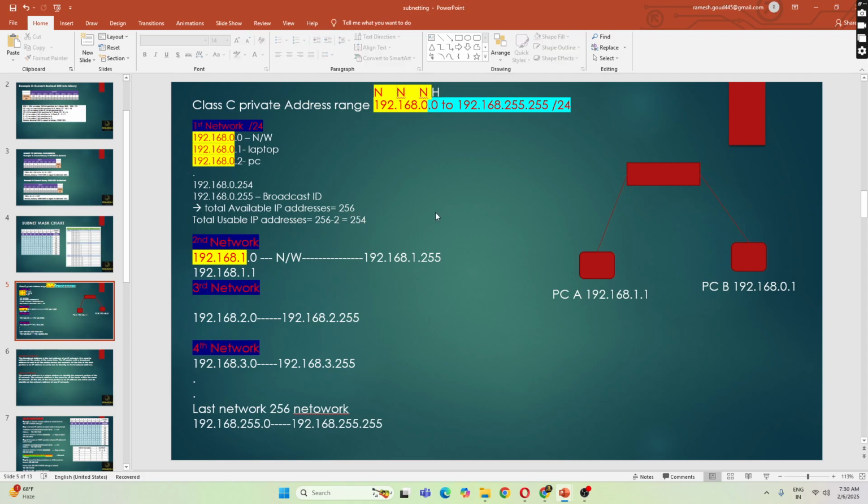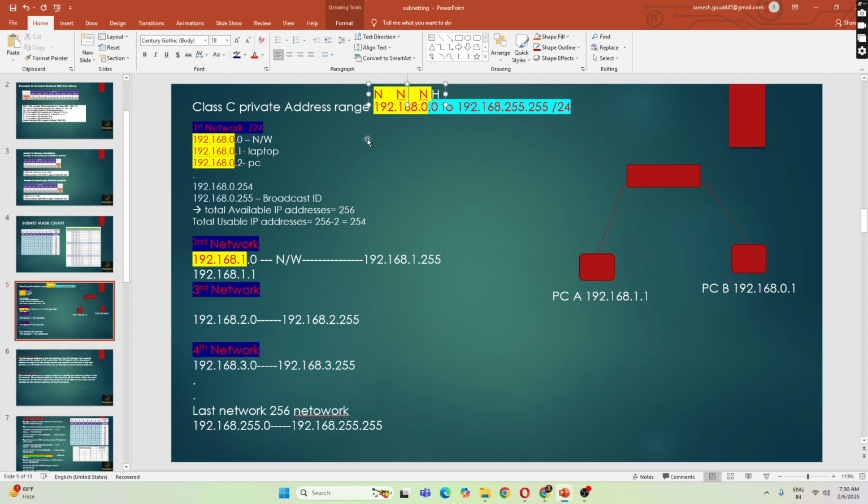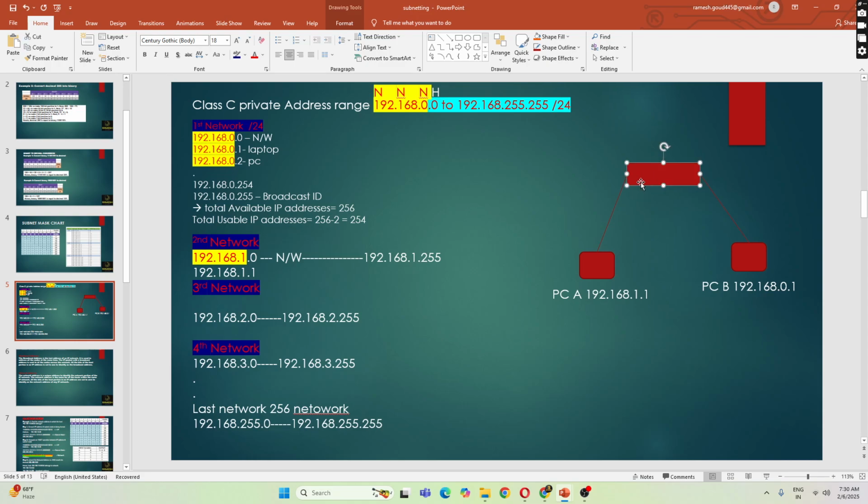Everyone understood? These are the usable IP addresses we need to assign to the computers, laptops, whatever it is. The network ID identifies the network portion, and how internally it calculates the network ID, I will tell you. You will get a clear picture. These are the ranges, and this is all about it.